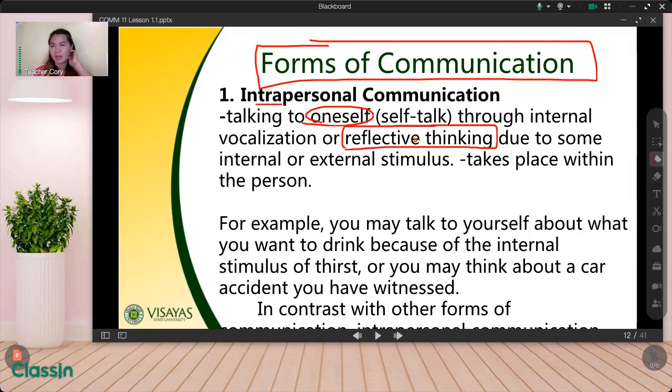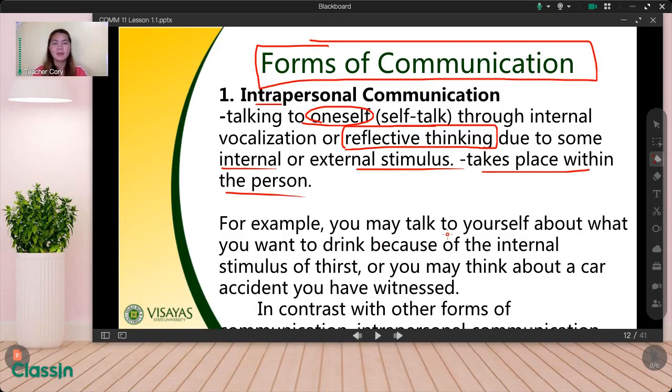Most of the time, we do reflective thinking if we are brainstorming, when we're making decisions, due to some internal or external stimulus. Of course, there should be stimuli. When we are facing a problem, we try to reflect. What should I do? Is this wrong? Is this right? What is the right thing to do? Like that. So it takes place within us.